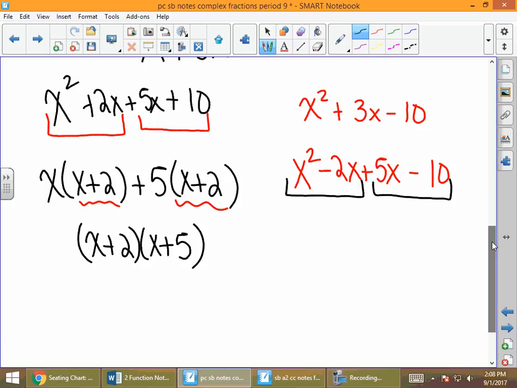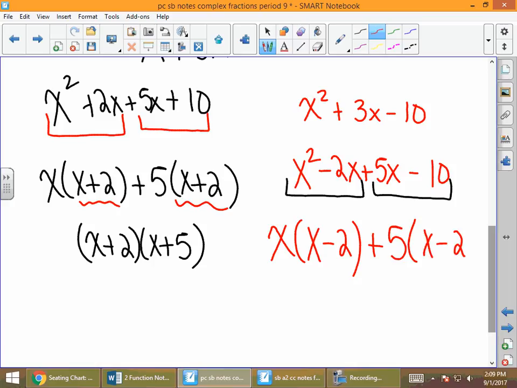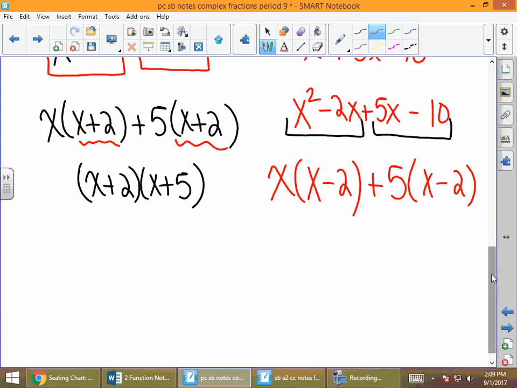And then we're going to factor. So we take out an x, and we're left with x minus 2. Over here, the greatest common factor in the second group is 5. Then we've got x minus 2. And once again, x minus 2 here, x minus 2 here. We get x minus 2 times x plus 5.